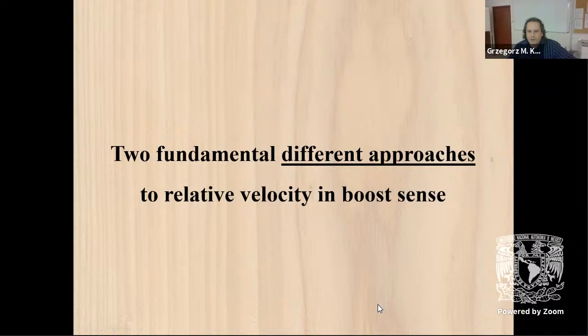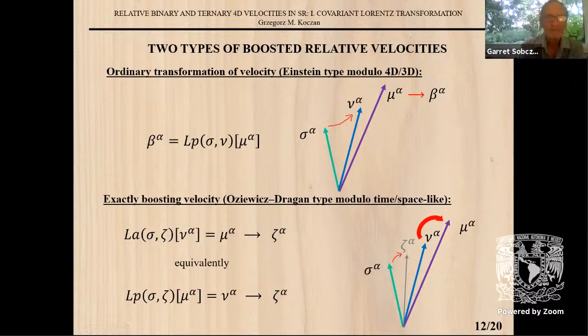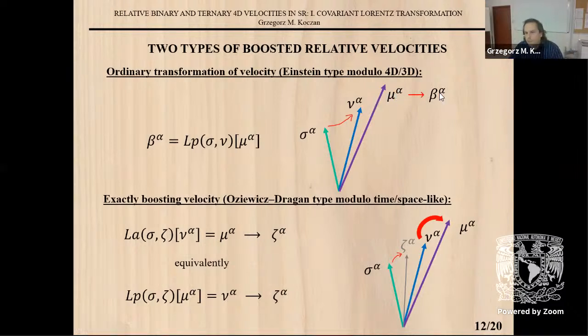Two fundamentally different approaches to relative velocity in boost scenes. The first approach is the well-known Einstein type approach. For example, it's the ordinary Lorentz transformation of velocity mu. If we consider a Lorentz transformation from the green reference frame to the blue reference frame, it leads to the transformation mu to beta.